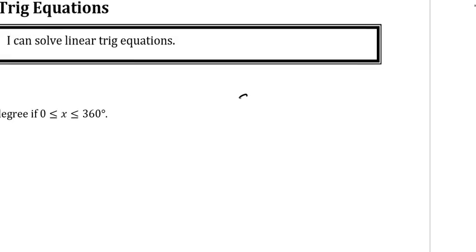Let's say I get sine x equals 2 over 7, or sine x equals 0.34. I think people forget what this really means. We forget what sine, cosine, and tangent are. They're ratios relative to an angle.